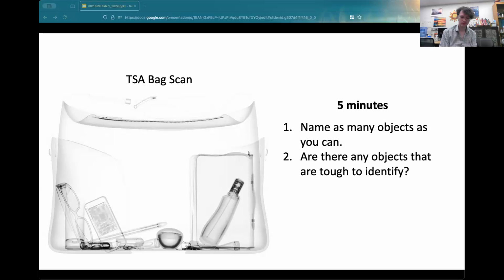I've opened up the chat for you, so if you want to drop your ideas as you get them into the chat, that would be wonderful. And then think about whether there are any objects that are particularly tough to identify, and maybe why that is. We'll give about 5 minutes or so to do that.